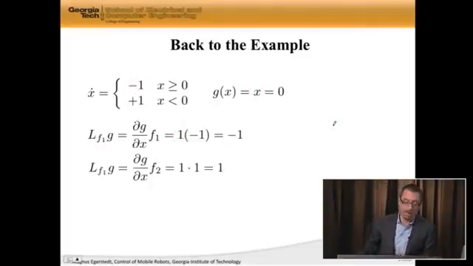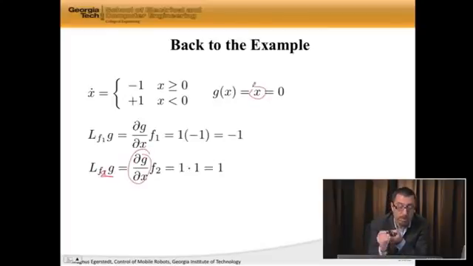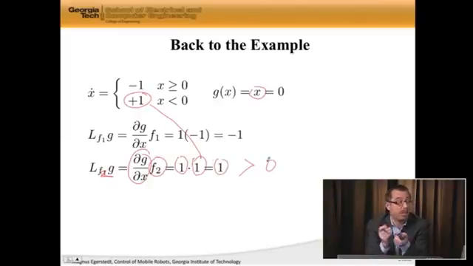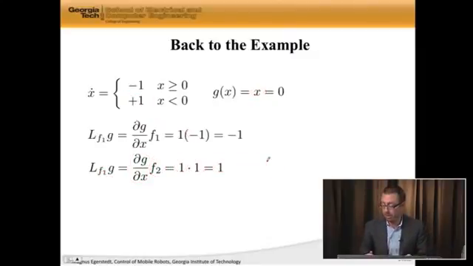Well, let's do the same for F2. Apologize about that. LF2g is dg dx, which is equal to the derivative of that with respect to x, which is 1, and F2, which is plus 1, right? So I get 1 times 1, which is equal to 1, which is positive, which was the other condition for having type 1 Zeno. So we know that we actually have type 1 Zeno or sliding here.